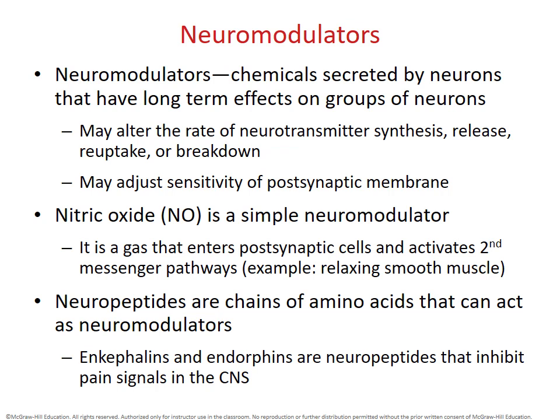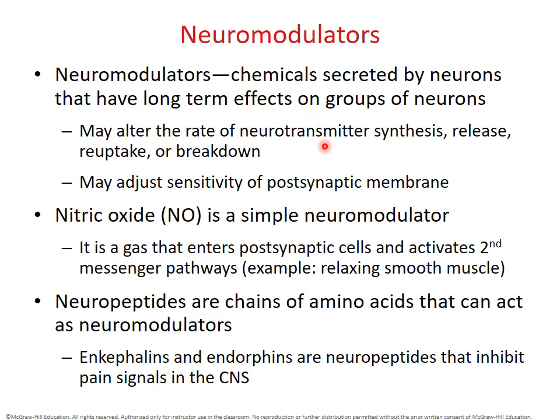Again, they're chemicals secreted by neurons that affect the behavior of neurons but don't function exactly like neurotransmitters. And so by saying affecting other neurons, they can alter or affect them in many ways. They can affect how rapidly those neurons make their own neurotransmitters.